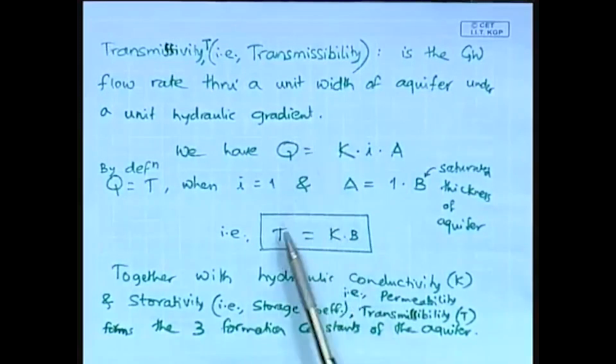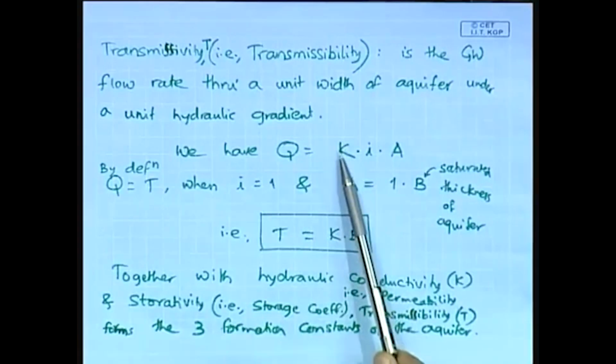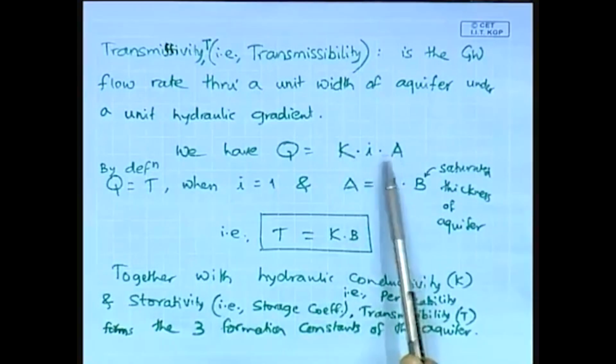We know that based on Darcy's law, the groundwater flow rate Q is equal to the groundwater velocity, which is given by K into I, and the area of flow.